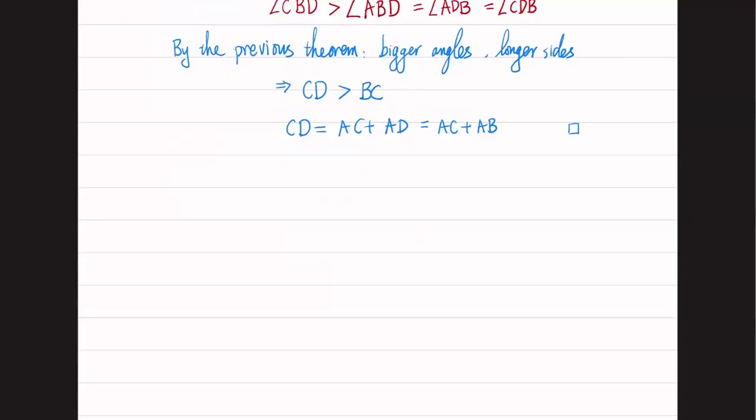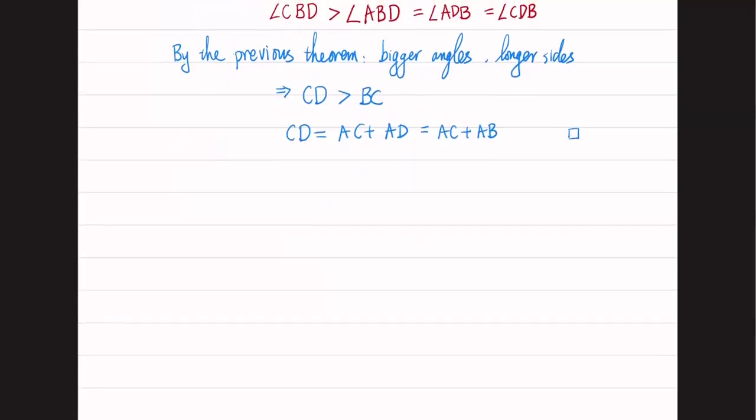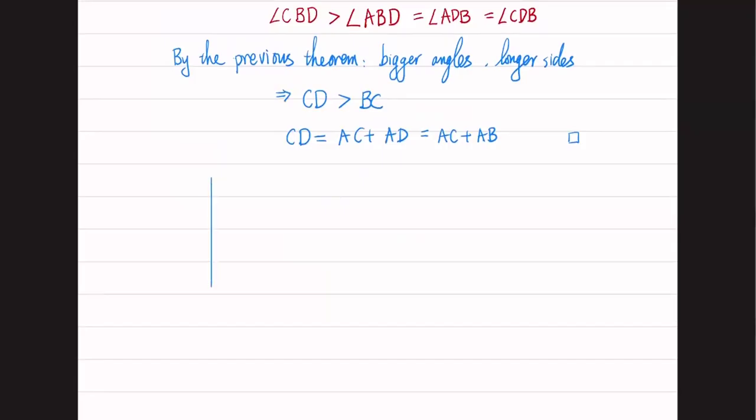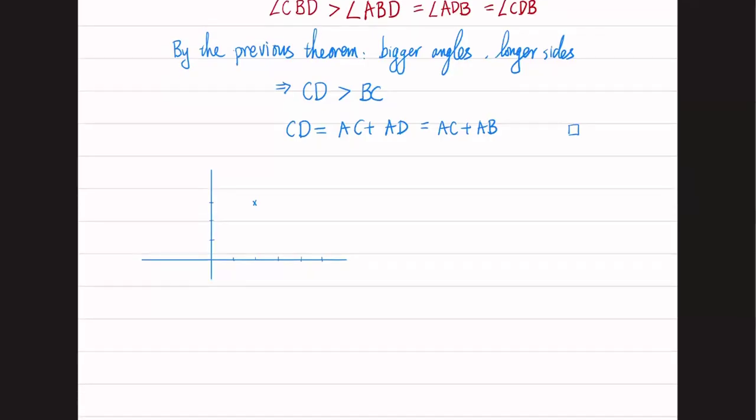Let's consider two points. Two and three. Five and two.